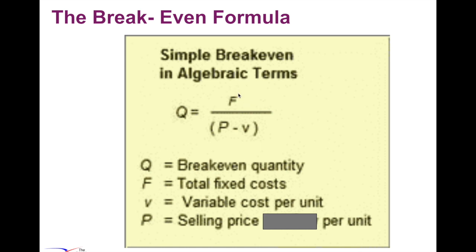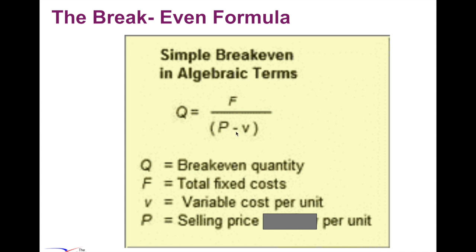Right? So if you have, let's say this is 10 and P minus V is equal to 1, let's say. So 10 divided by 1 is just 10, which means that you're going to have to sell 10 units. Your Q is going to be equal to 10. Now, let's say you double your price.